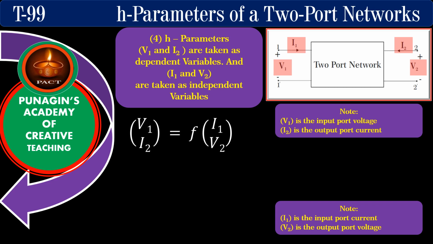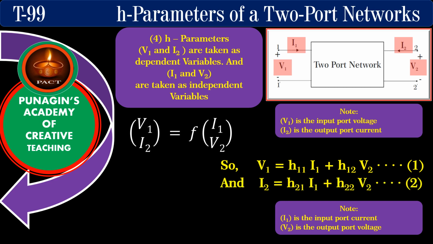So, we can write the equation relating both dependent and independent variables as V1 is equal to H11 I1 plus H12 V2. Similarly, I2 is equal to H21 I1 plus H22 V2.